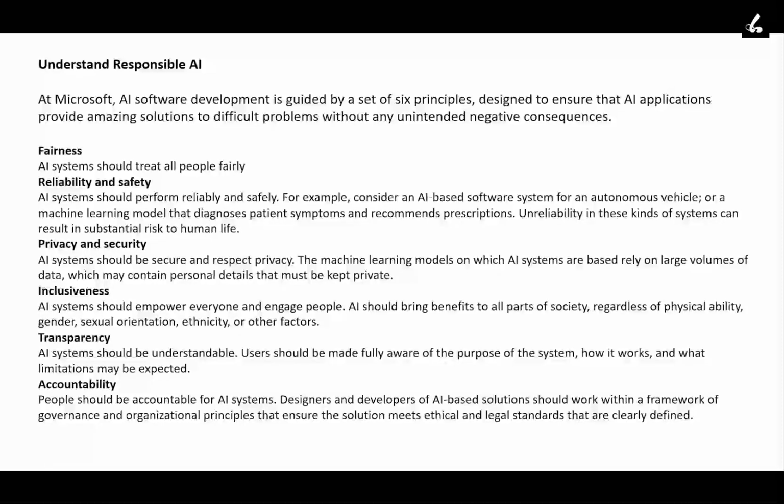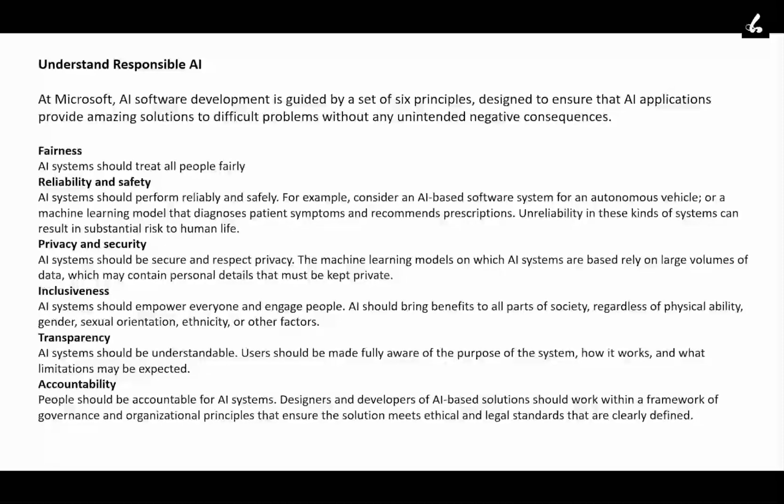Unreliability in these kinds of systems can result in a substantial risk to human life. In automated cars, or if a robot is delivering solutions in the health sector, if it goes wrong, it ultimately harms human life.